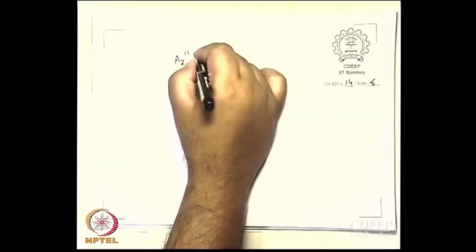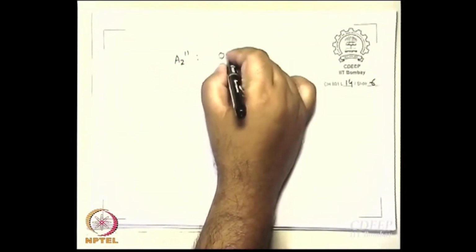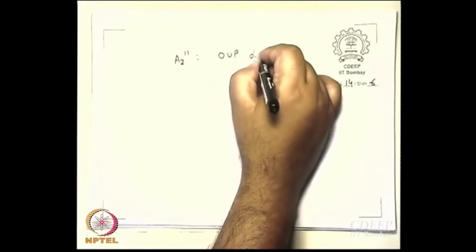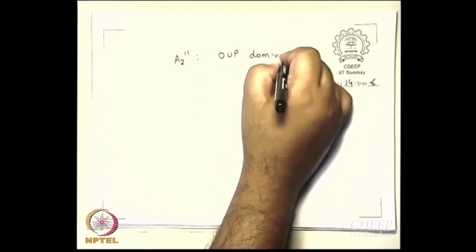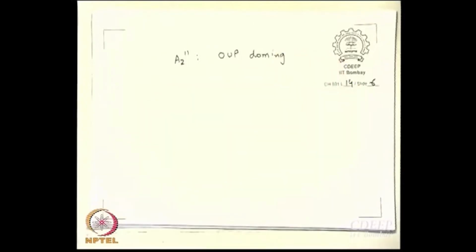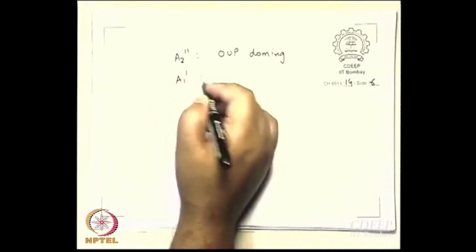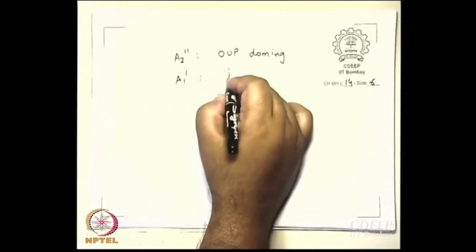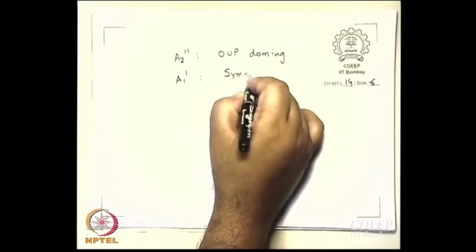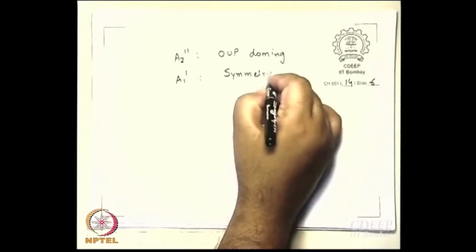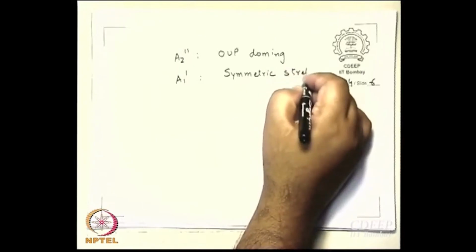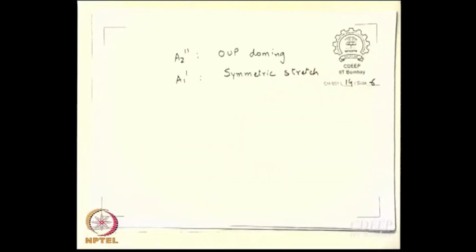Alright, fine. So, what have we learned? We learned that A2 double dashed is unambiguously the out of plane doming motion. We have learned that the A1 dashed mode is unambiguously the symmetric stretch. What is left?